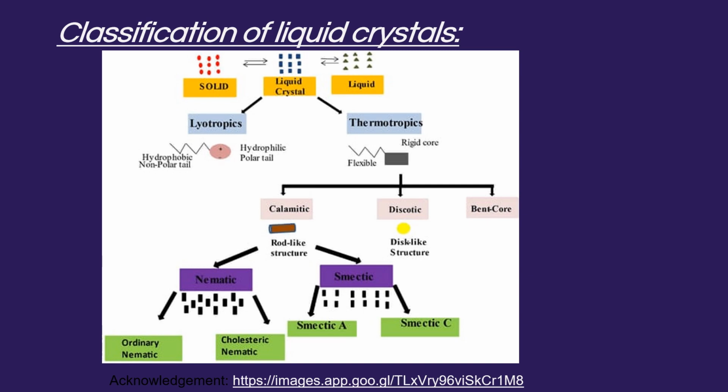So liquid crystals can be organized into thermotropic, that is temperature dependent, as well as lyotropic, which is concentration dependent. And in this session, we are concerned with cholesteric, which falls under the thermotropic category.